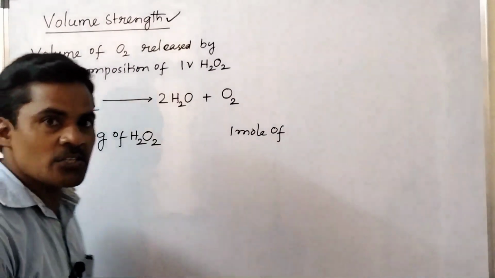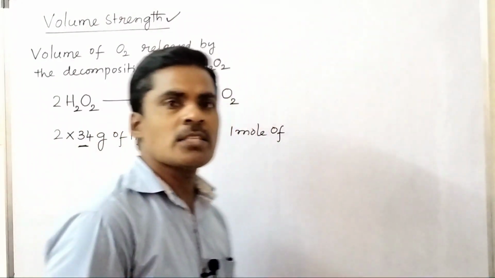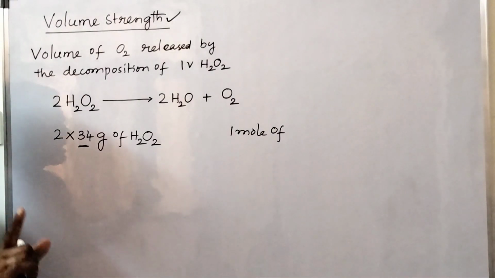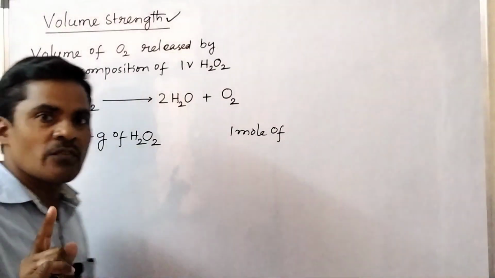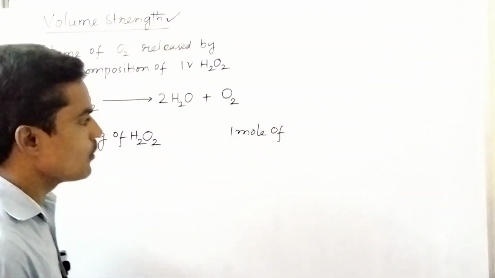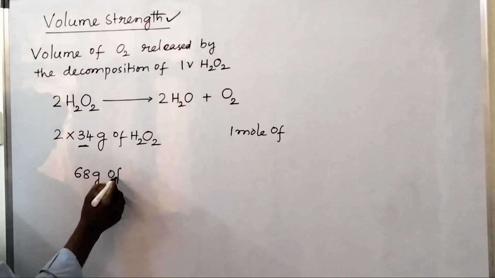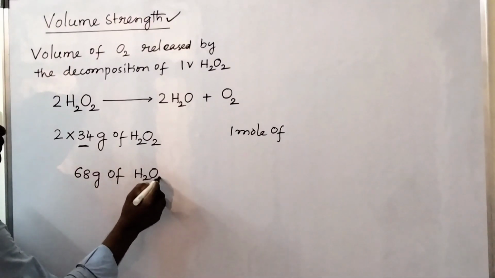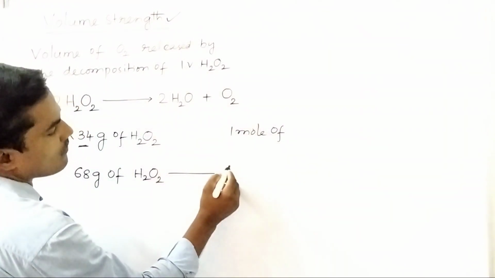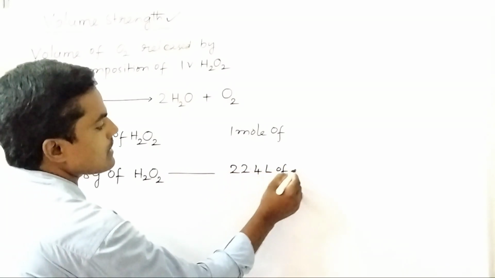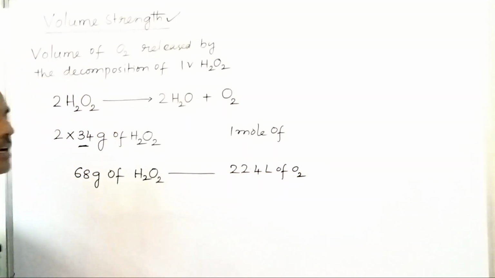At STP conditions, 1 mole of any gas occupies 22.4 liters of volume. So here 68 grams of H2O2 will give 22.4 liters of oxygen at STP conditions.